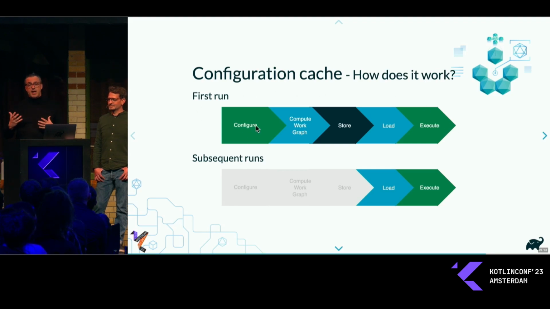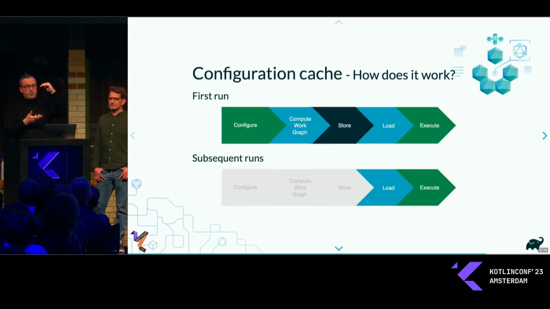With the configuration cache, the picture gets a bit more complicated, and we have to look at what's happening between configure and execute. So during this configuration phase, where Gradle is configuring the build, loading all your build logic, applying plugins, building this model, that in the end produces a work graph.